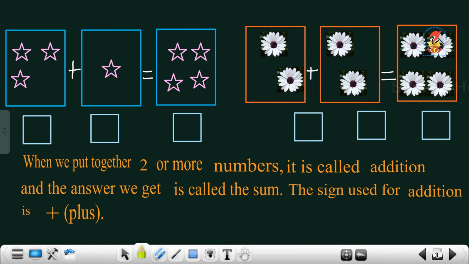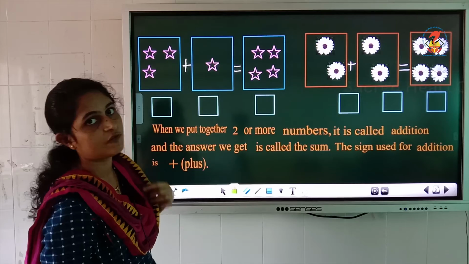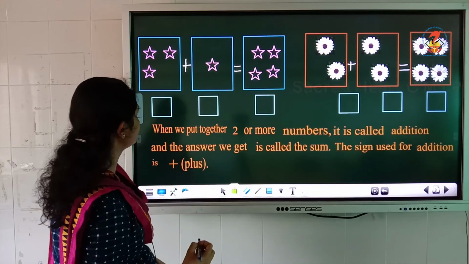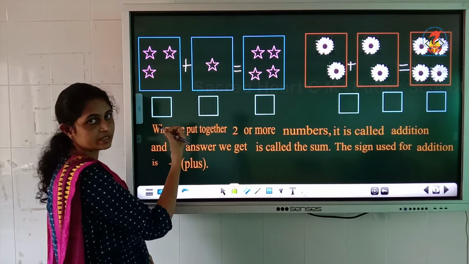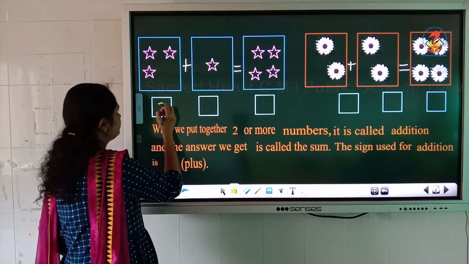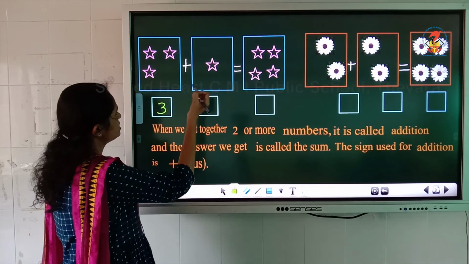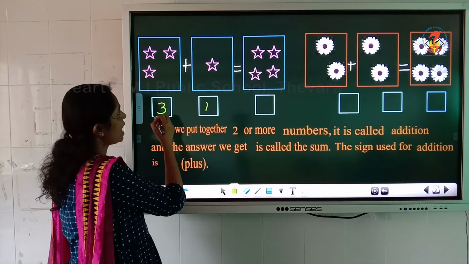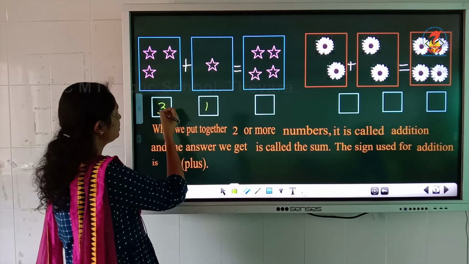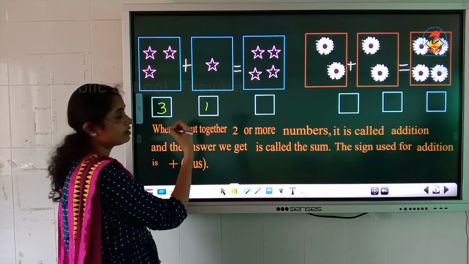In the next page, you can see some stars and flowers. The first question, some stars are given, isn't it? In the first box, how many stars are there, children? 3. In the second box, 1. So, we are going to take 3 stars and 1 star together.